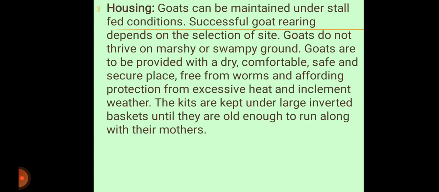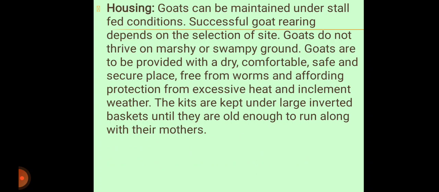Housing for the goats. Goats can be maintained under stall feeding conditions. Successful goat rearing depends on selection of site. Goats do not thrive on marshy or swampy ground.